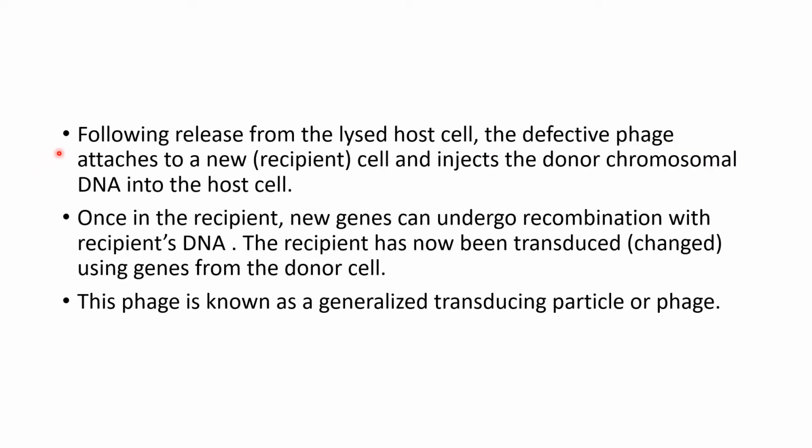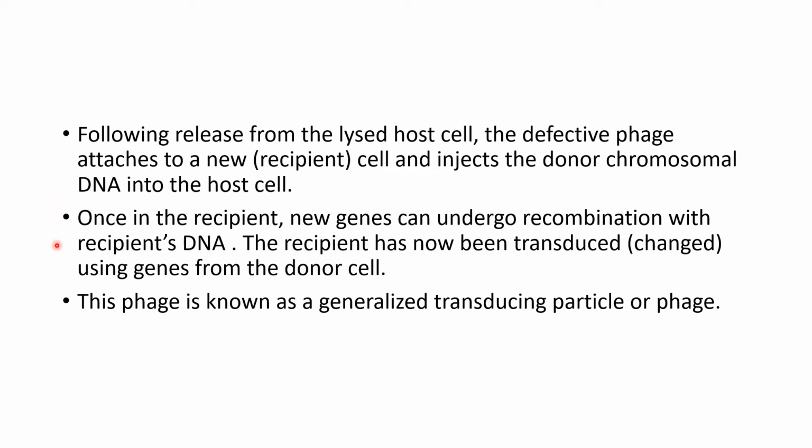So this is the continuation of the previous slide. After getting the bacterial DNA by mistake, the phages will be released from the host cell after lysis, and the defective phage particles will attach themselves to a new recipient bacterial cell and, as usual, inject the DNA inside this new recipient cell. But the DNA entering is not phage DNA but bacterial DNA.